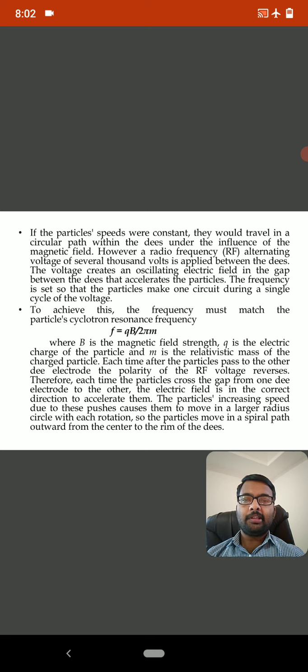So because of this reversal in radio frequency voltage, which is responsible for accelerating these charged particles, they achieve higher speed, and because of that increased speed, these particles move in a larger radius circle with each rotation, so that they move in a spiral path outward from the center towards the rim of the disk, meaning towards the outer surface of those two electrodes.